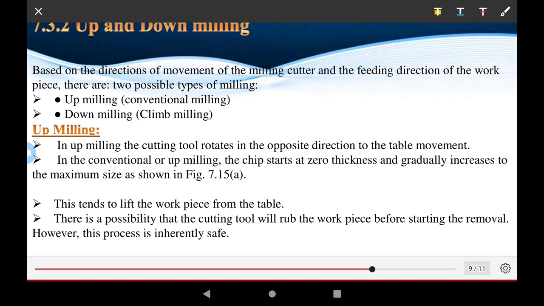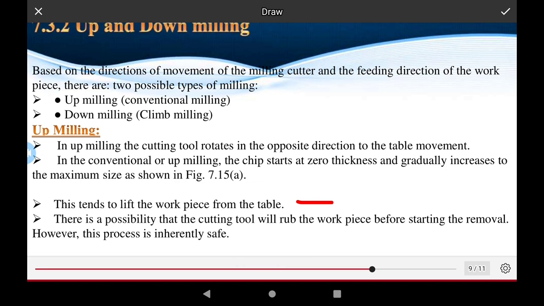Okay, when the tool starts the operation, the chip is generated at zero thickness and gradually increases to the maximum chip thickness. Okay, and this tends to lift the workpiece from the table.